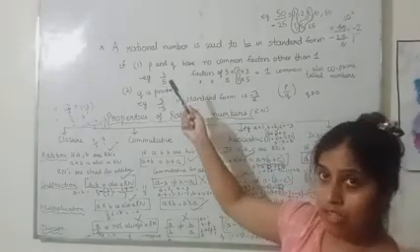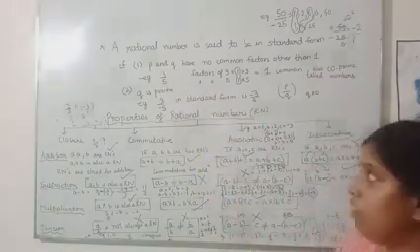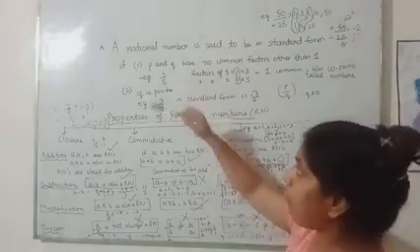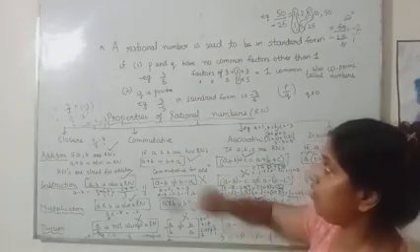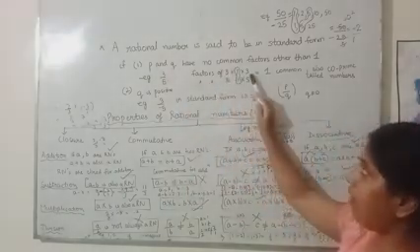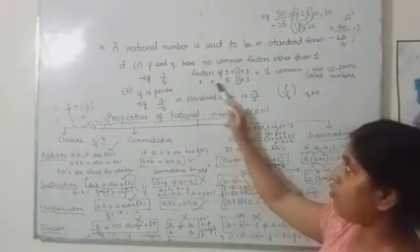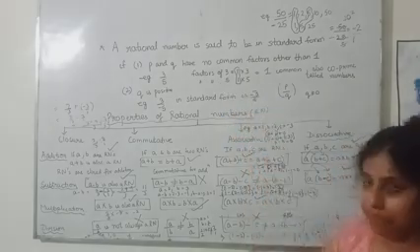Now my question is, is this rational number in the standard form? We have to first of all write the factors of 3. The factors of 3 are 1 and 3. Factors of 5 are 1 and 5.